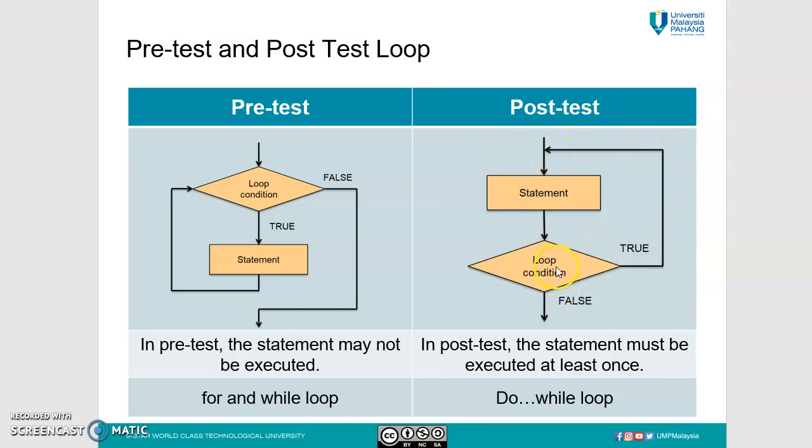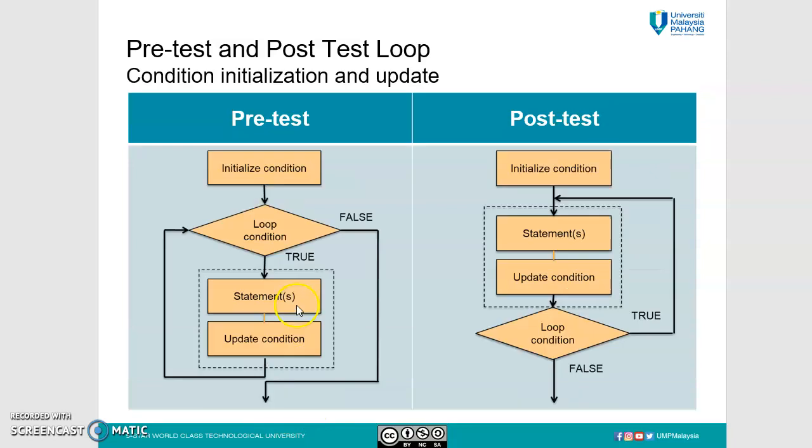But if the test gives false, the loop terminates. In this case, the statement must be executed at least once. At least once, then the expression will be tested. So as I mentioned before, do while loop belongs to this style. For and while loop belong to the pre-test style. In this video we will talk more about while loop.